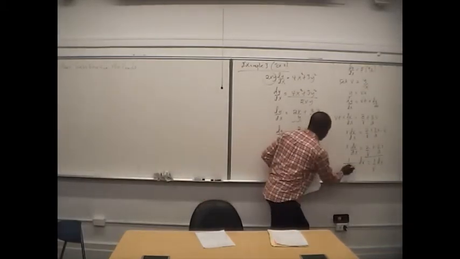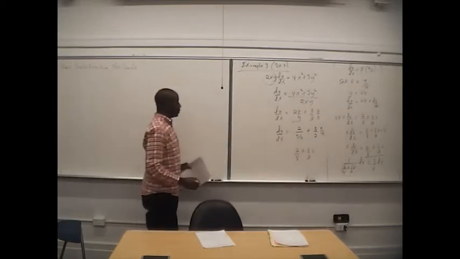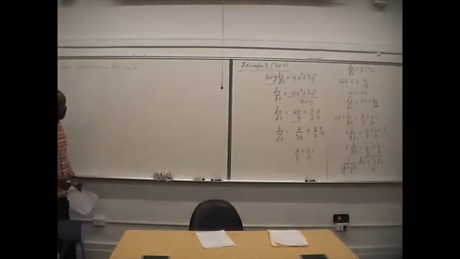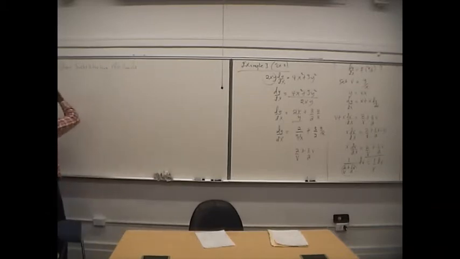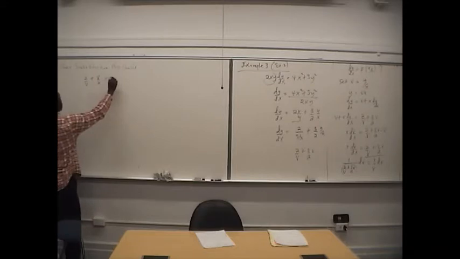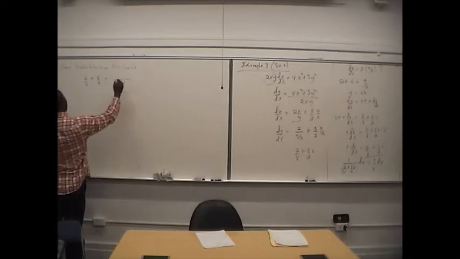Now, in this form, the antiderivative is not so obvious, but if you combine the fractions, you're going to get a clue as to what the antiderivative would be. So this is 2 over v plus v over 2.